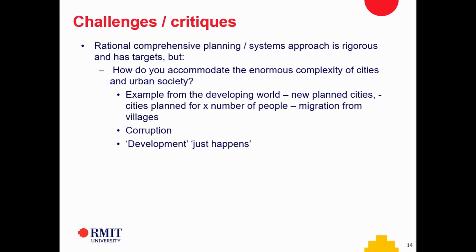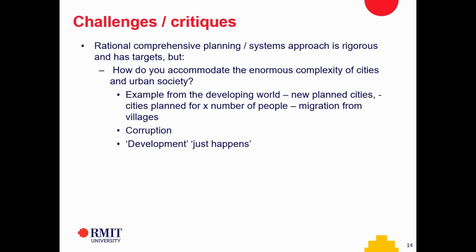The other thing that can be quite problematic in this well-ordered view is corruption. In short, what's supposed to happen doesn't happen because somebody has provided somebody else with some money on the side. And related to that first point is the notion that human settlement is not always orderly. Urban development quite often just happens.